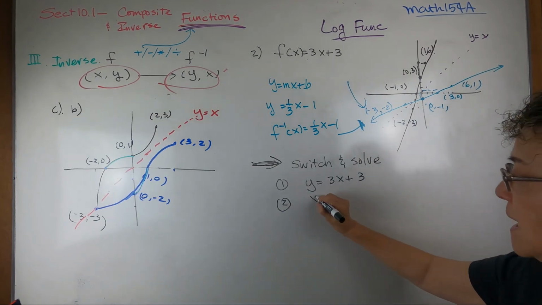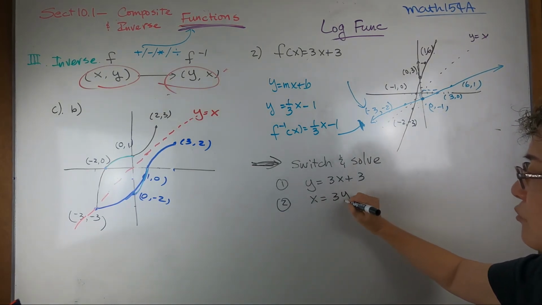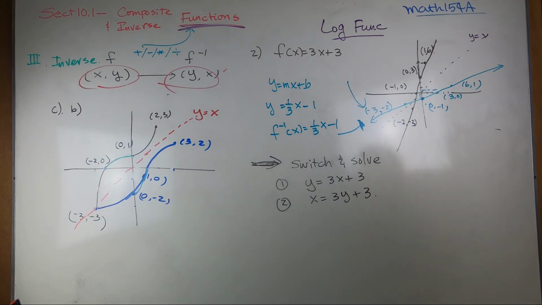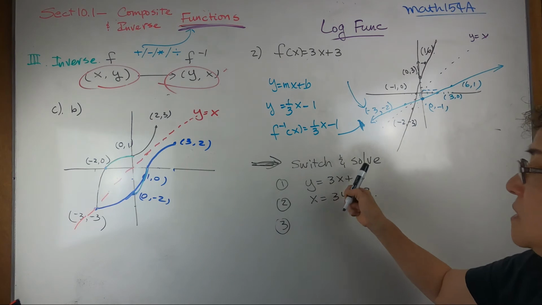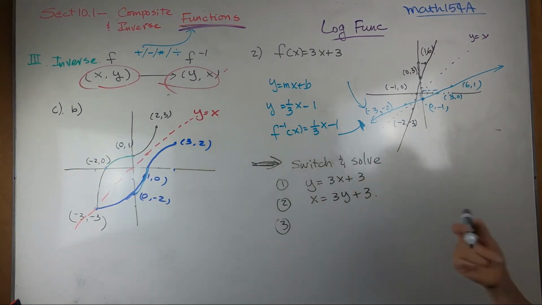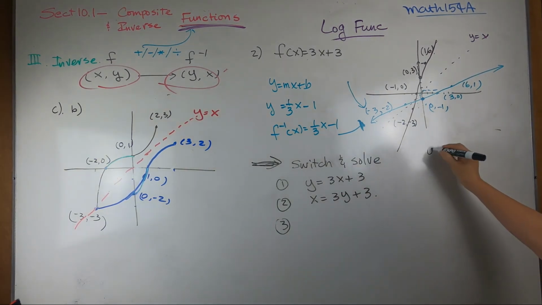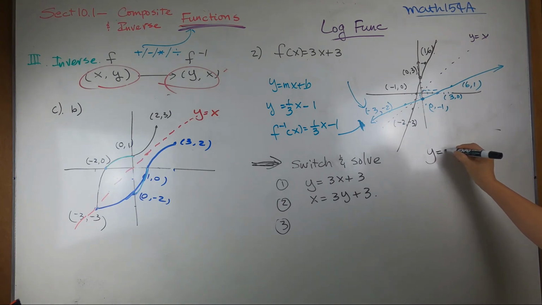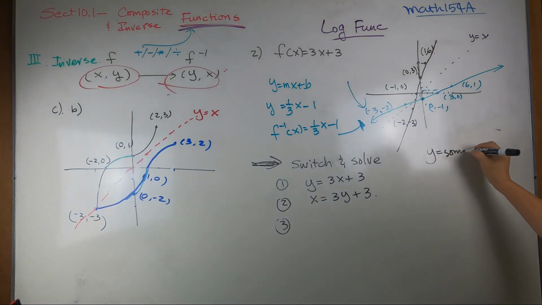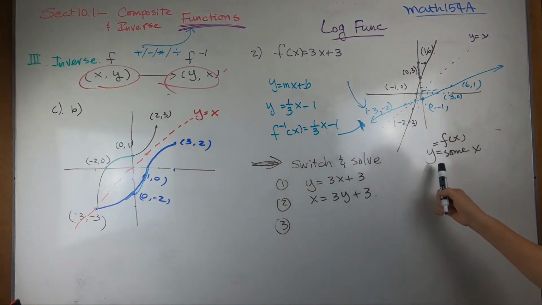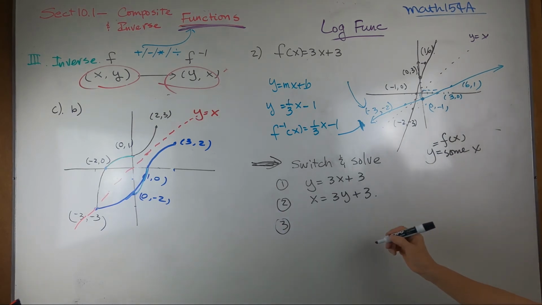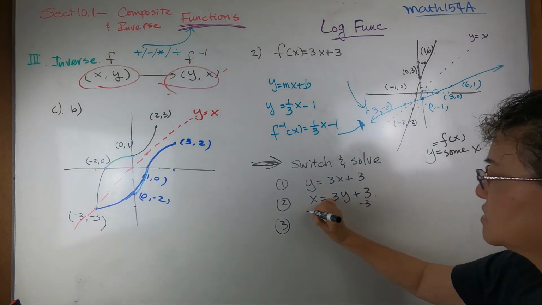So it becomes what? x equals 3y plus 3, right? Then switch, then solve. We have to solve for y by itself because we are going to write y equals some x as a function, f of x, right? You have to get y by itself. So what do we do? We solve it.